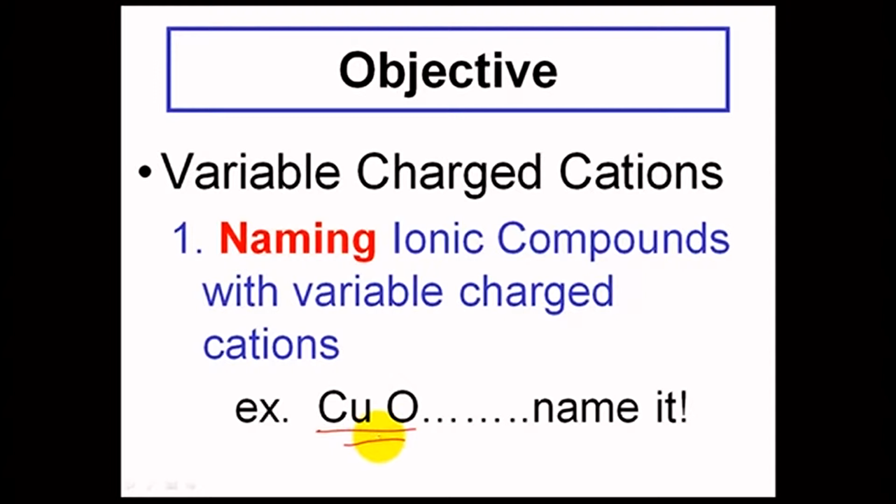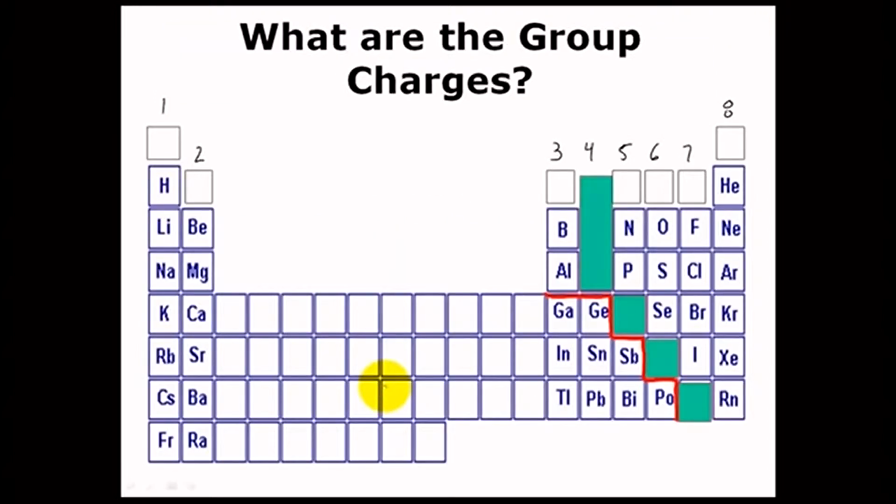Today we're going to change how we name these when I deal with cations that have more than one charge. In the past, we've seen this periodic table, and I've said what the charges are on top of these groups. Group 1 had a 1 plus charge, 2 plus, 3 plus, 3 minus, 2 minus, 1 minus, and 0. I think we're pretty proficient now at identifying the charges.